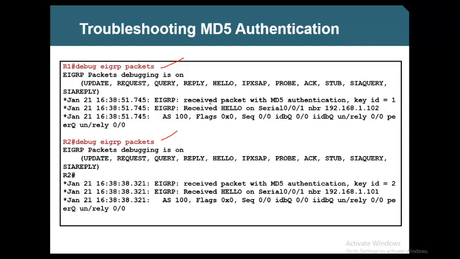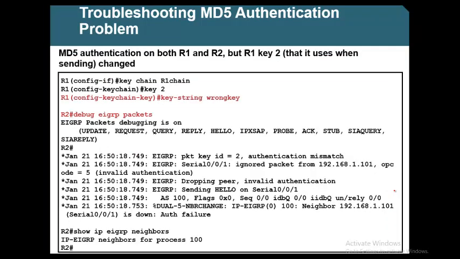Here we see that router 1 is receiving a packet, MD5 authentication, key ID is 1, whereas router 2 is receiving a packet with key ID of 2. The key ID must match in order to form a neighbor. Only the password matching is not enough.